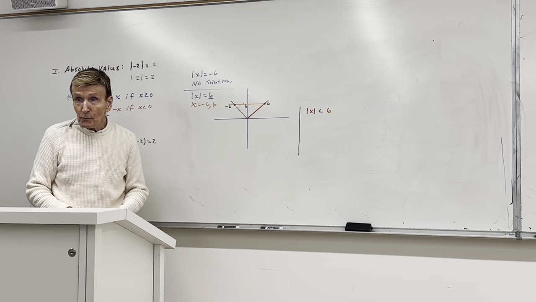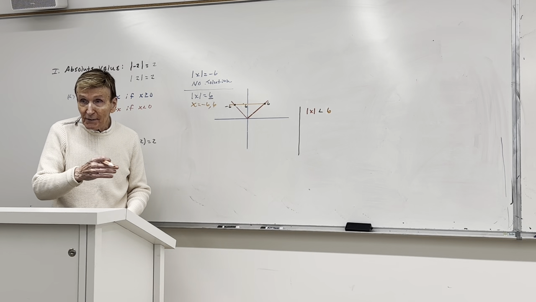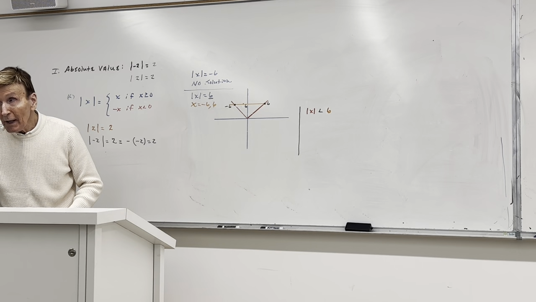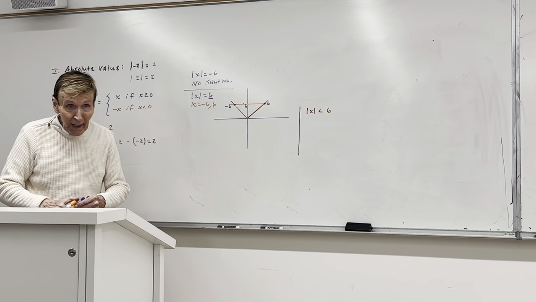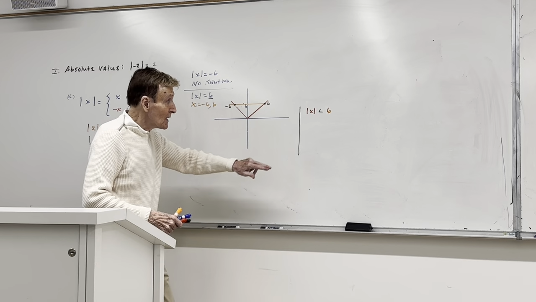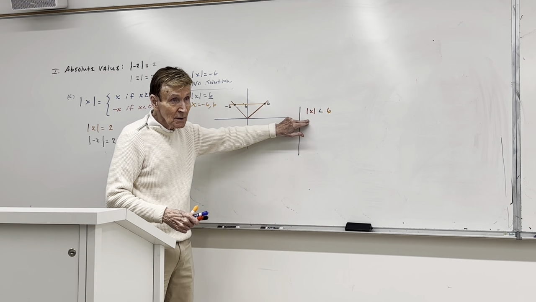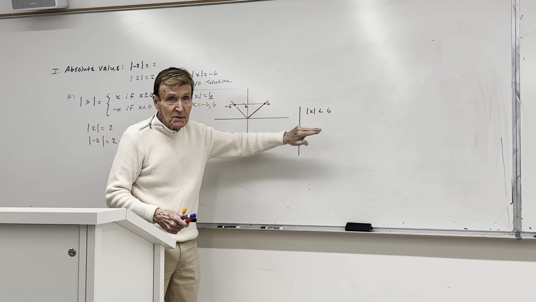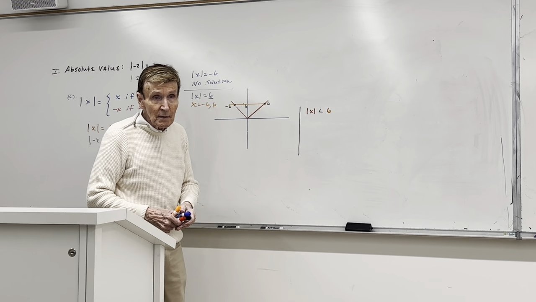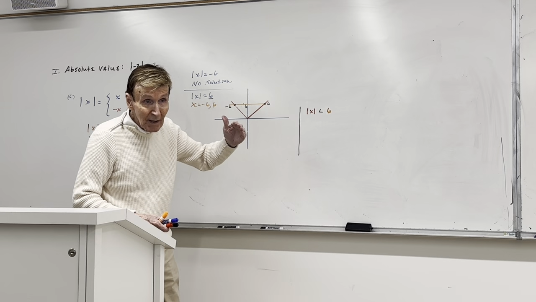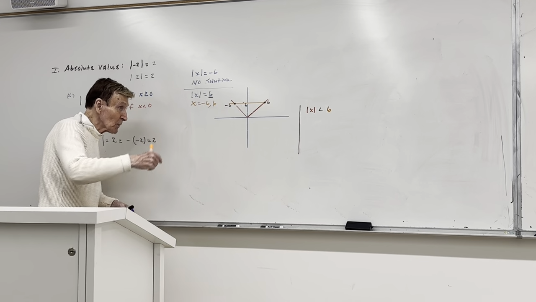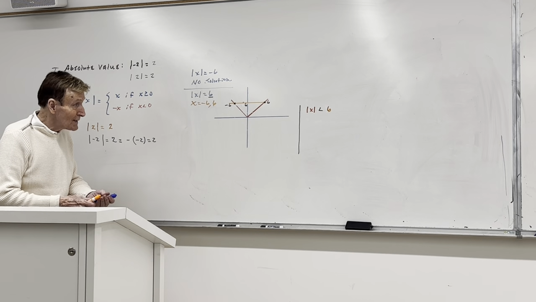Can anyone tell me what would you look at on the graph now if I ask you to solve an inequality that has an absolute value, and we have to know how to read this. This says, when is my red graph below 6? And I have the 6 drawn with a horizontal line. So translation, when is my red graph, the V-shaped graph, below 6?